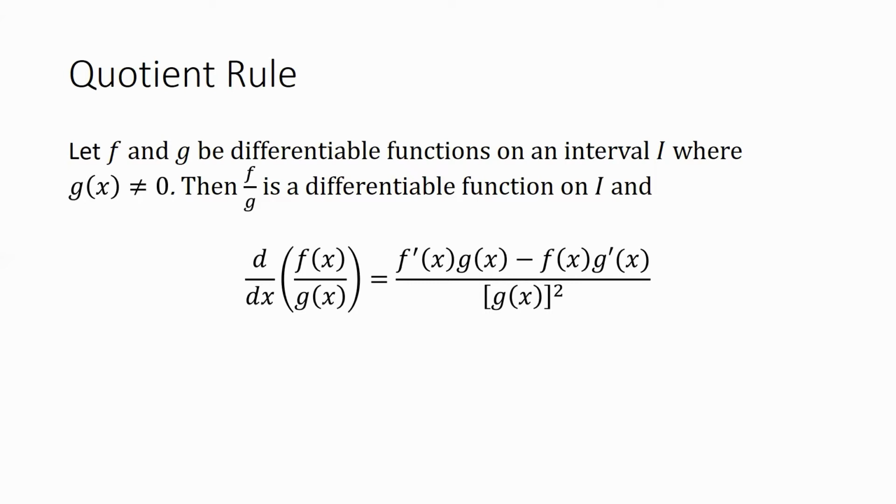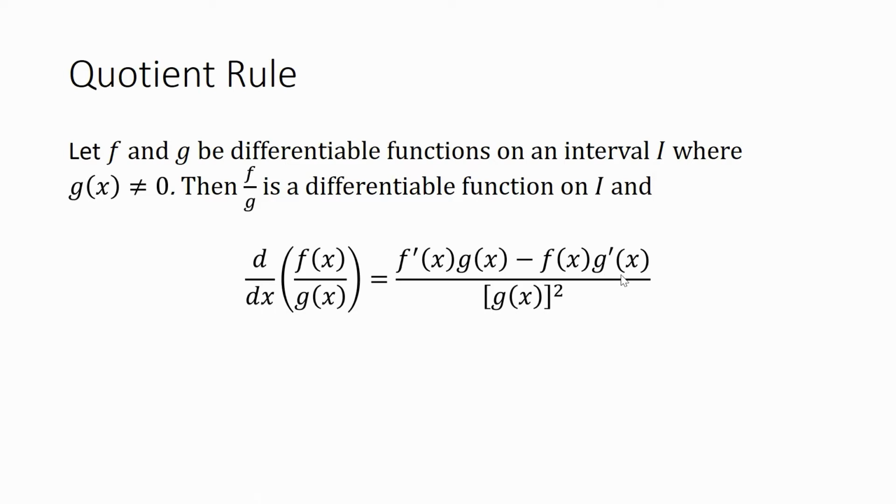Then f divided by g is differentiable on I, and the derivative with respect to x of f divided by g is this expression: f prime times g minus f times g prime, all divided by g squared.